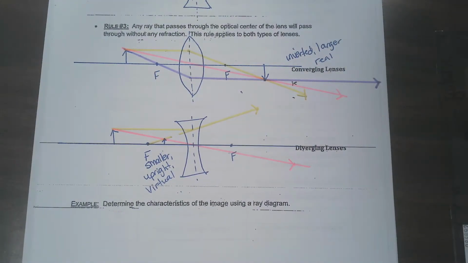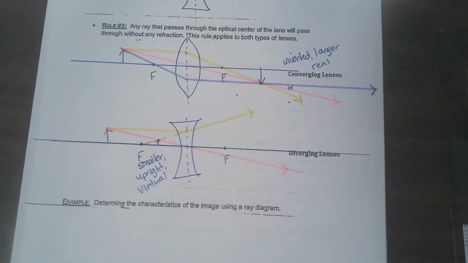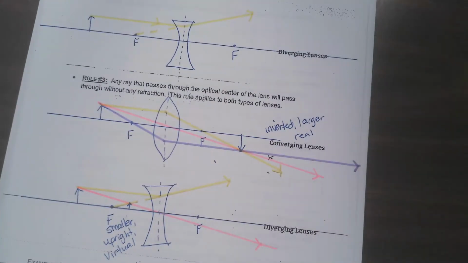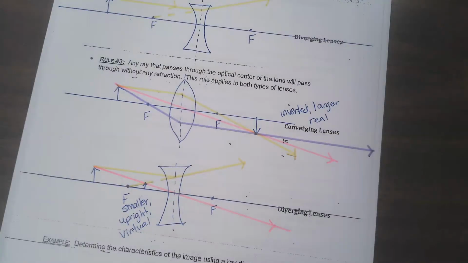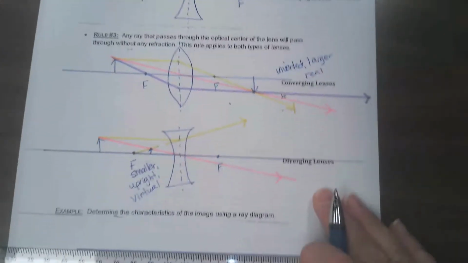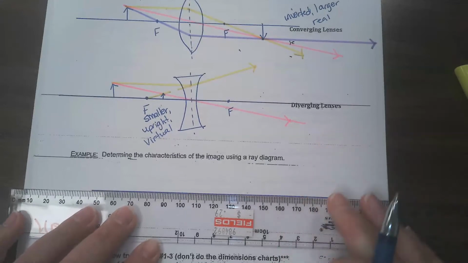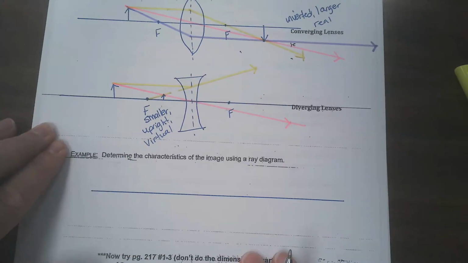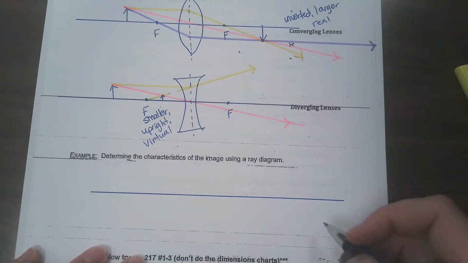So it says, determine the characteristics of the image using a ray diagram. So I'm going to draw this for you. This is what you get. From me to you. Merry Christmas. Here we go. I'll figure out my camera yet. Here's my principal axis.